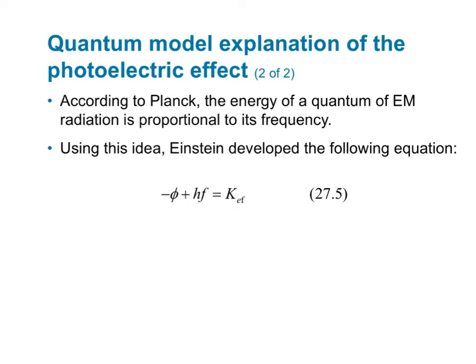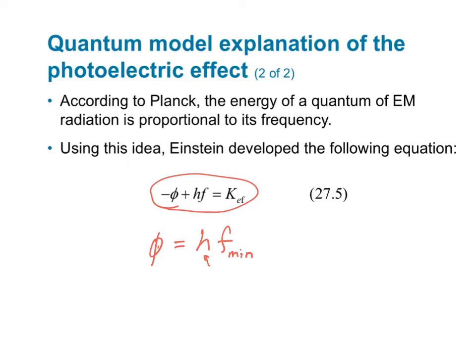Okay, so here comes Einstein, and he develops this equation right here. And he says, hey, this work function right here, phi, was equal to the minimum frequency of electromagnetic radiation, let's just say light, the minimum frequency of light times the Planck constant that would liberate electrons.